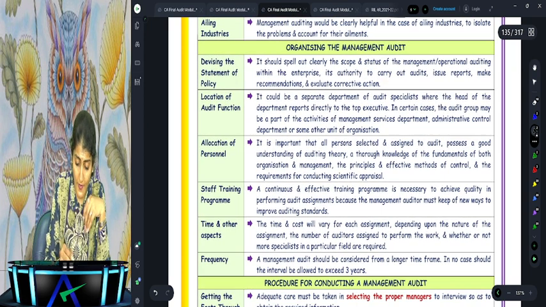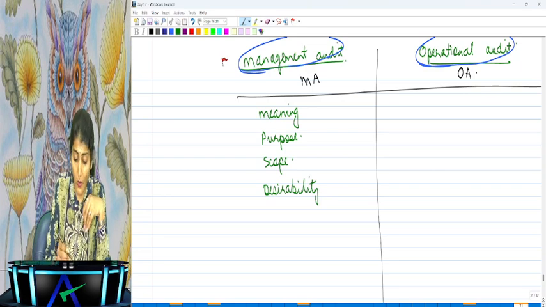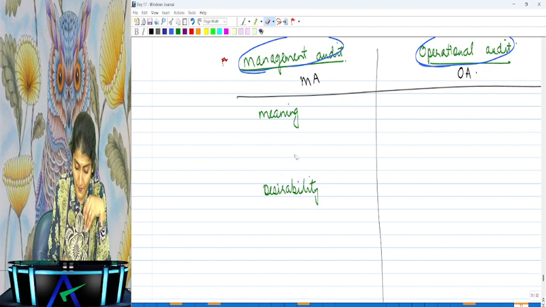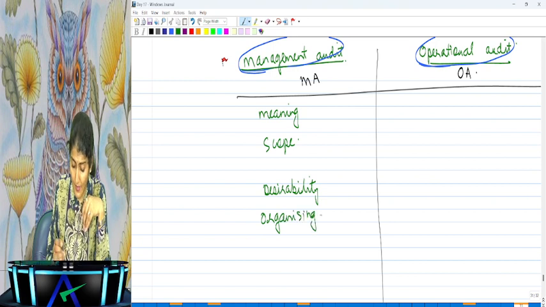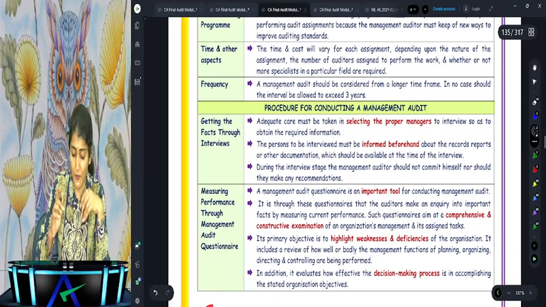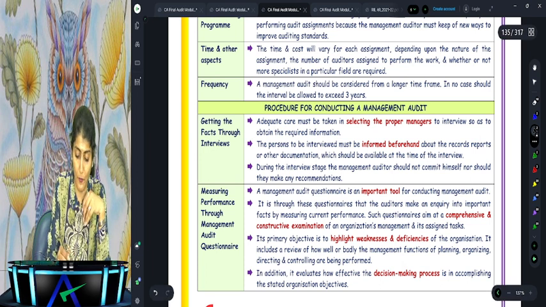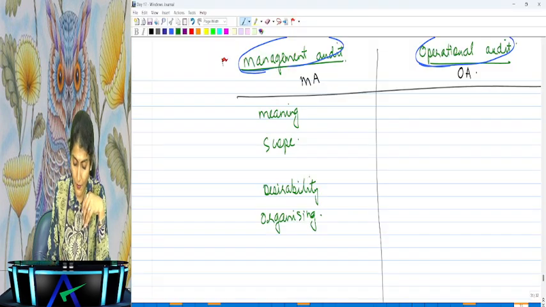Once you say that it is desirable, then organizing the management audit. So you have the meaning, the scope, and organizing the management audit. Once you organize it, you have the procedures for conducting a management audit. Super favorite question again. Then you have the types of reports which could be issued by the management auditor.